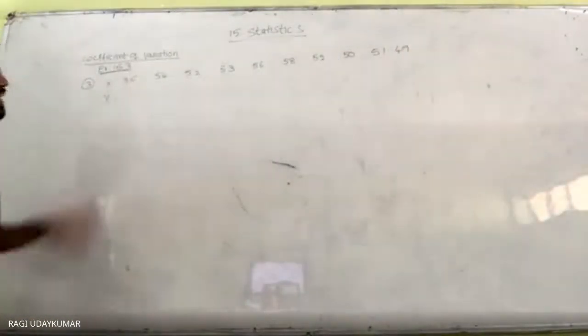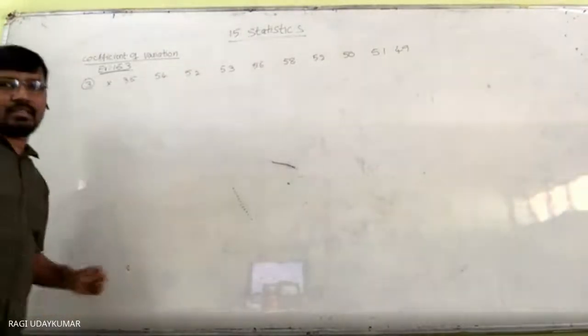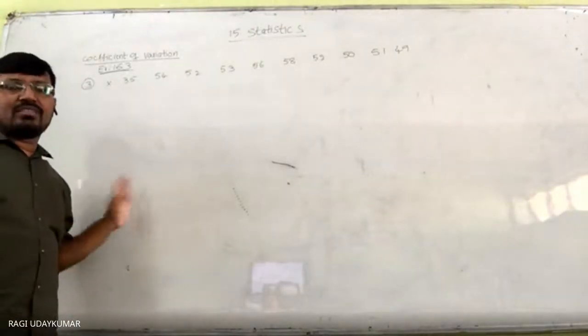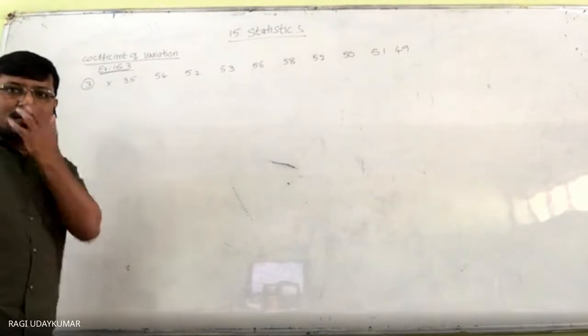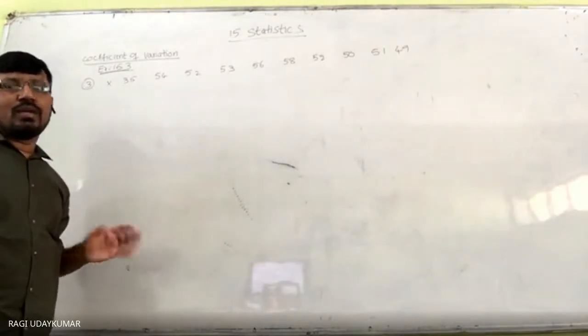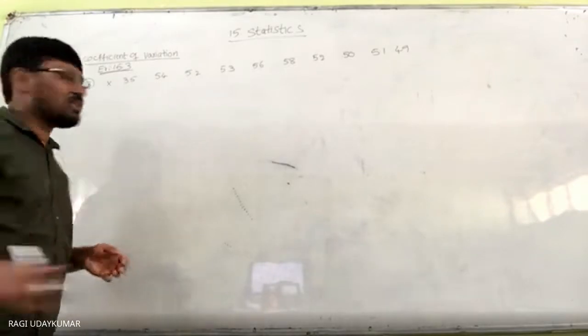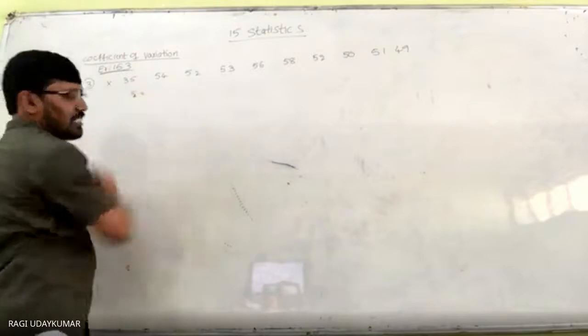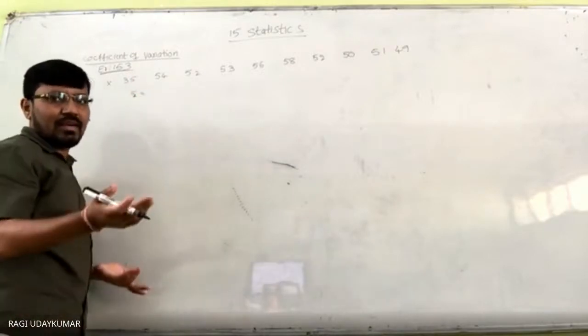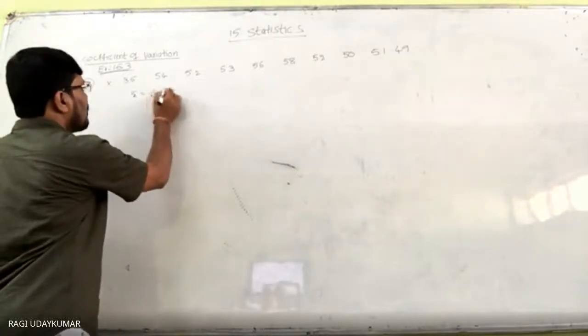First, let us discuss X, the shares of some particular company. To find the mean, since these are ungrouped data, the formula is the sum of the observations divided by the number of observations: 1 by n into sigma xi.